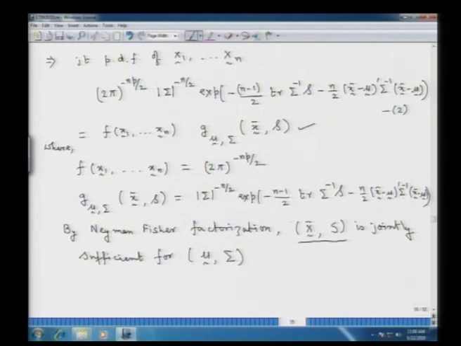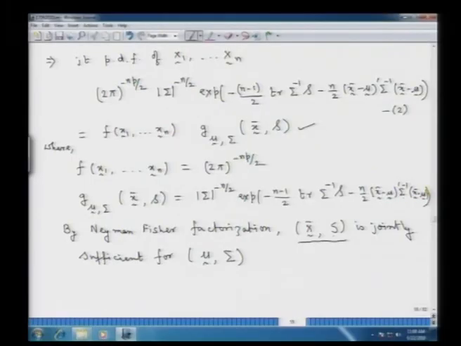As in any other statistical inference problem, instead of carrying x1, x2, xn, the entire random sample, we can carry this x bar vector and this S, the sample variance covariance matrix, for all inference procedures concerning the mu vector and covariance matrix sigma. So, this gives us the desired compression of the data without loss of information.